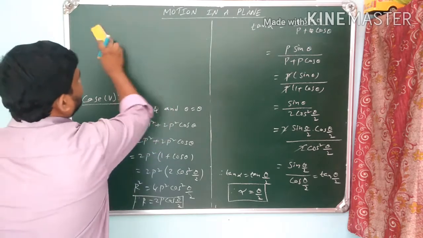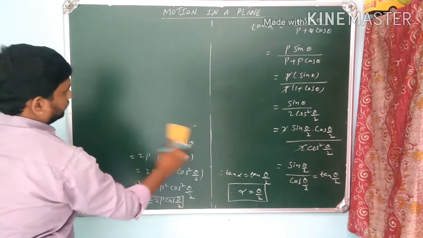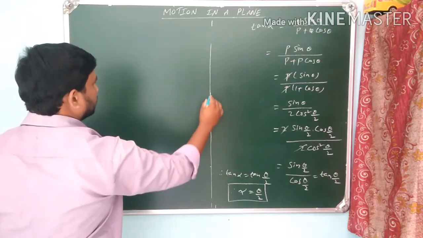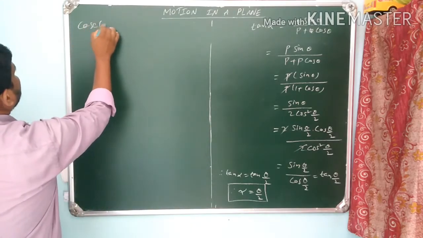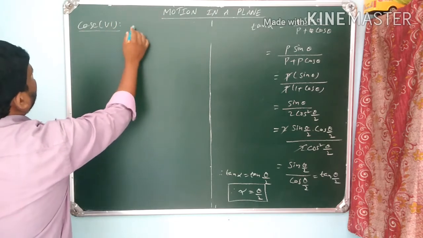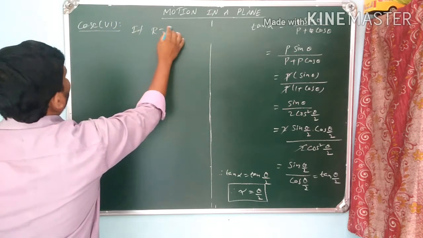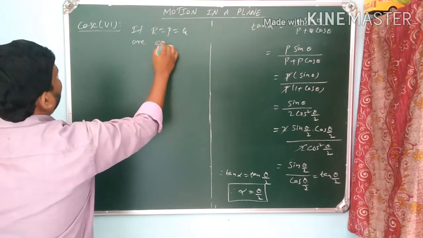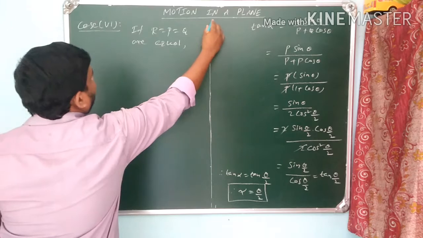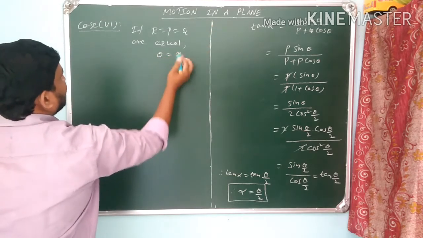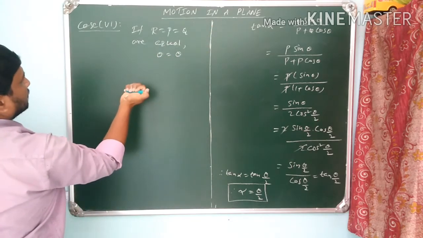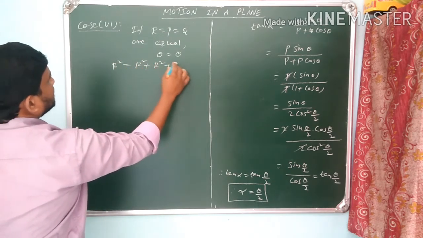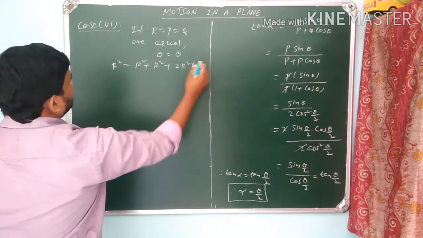Now the last case is case 6. If the magnitudes of R, P and Q vectors are equal and theta is the angle between the vectors, then we are getting R square is equal to R square plus R square plus 2R square cos theta.